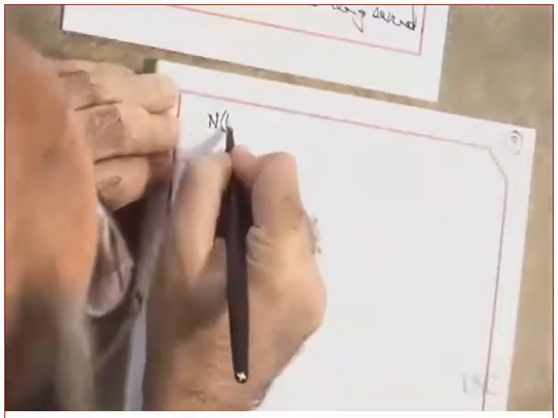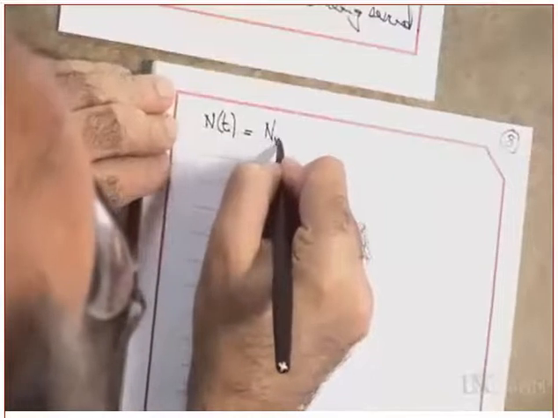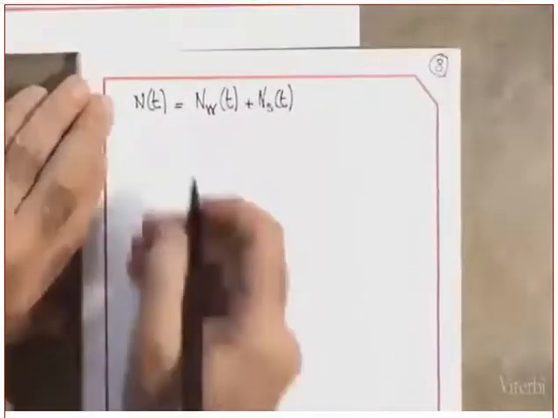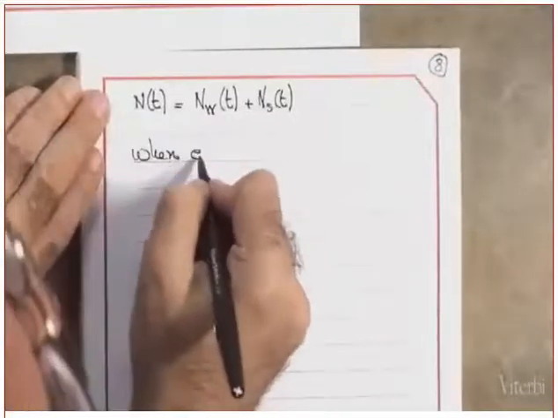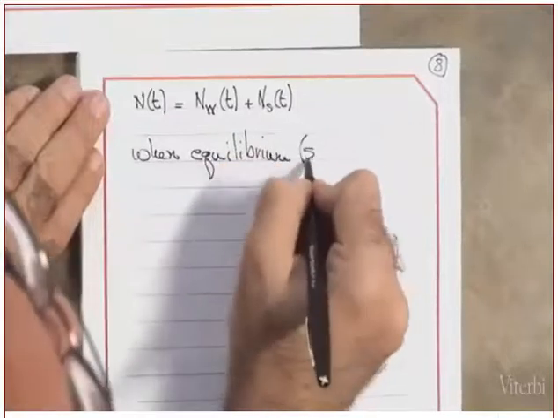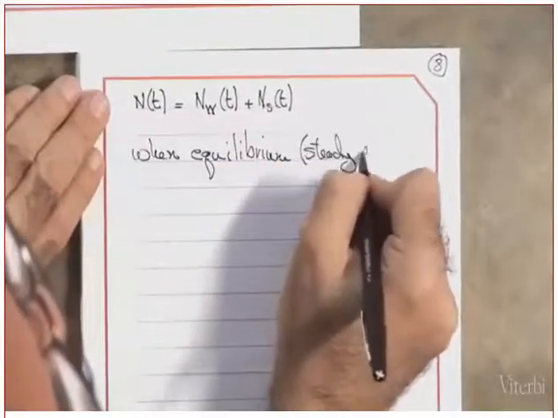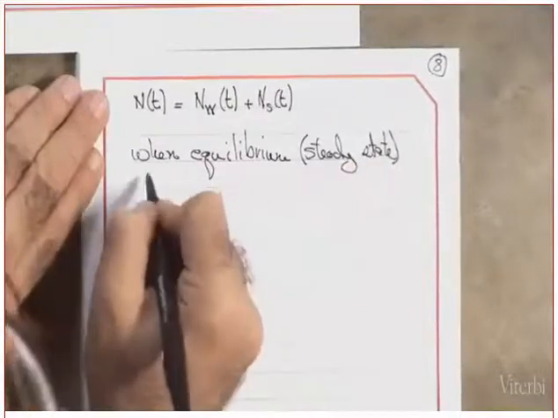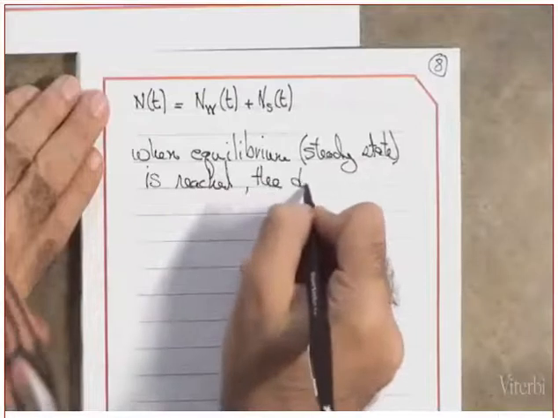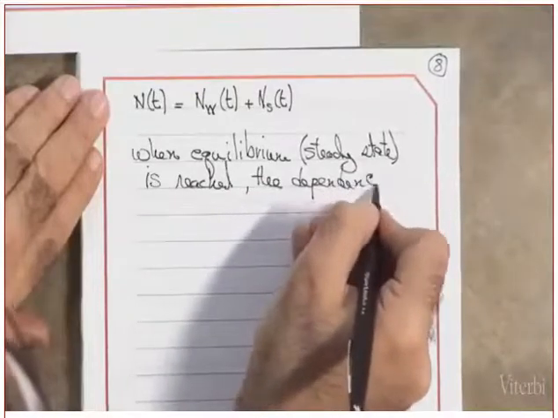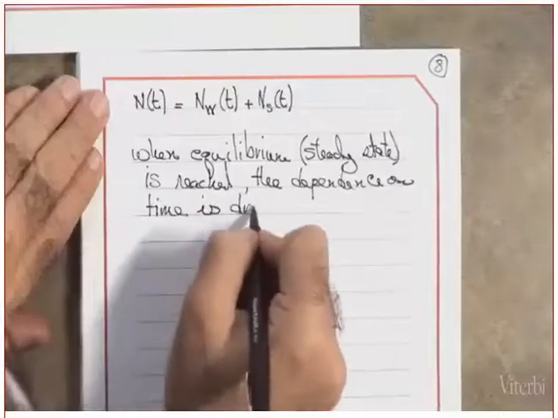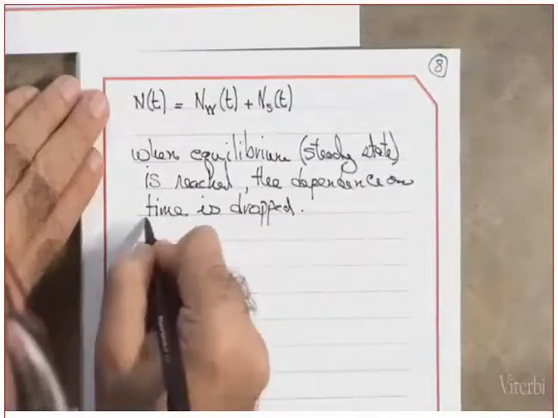What is the relationship between these? N(t) is equal to N_W(t) plus N_S(t). When equilibrium or steady state is reached, the dependence on time is dropped.